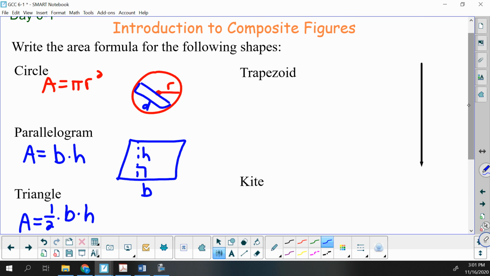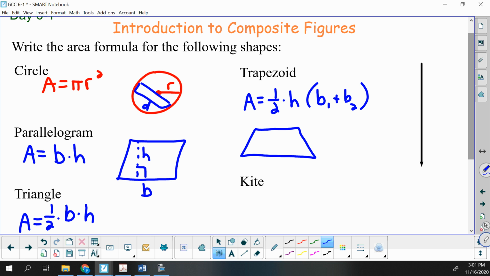And some you might not remember as well. The trapezoid is 1/2 times the height times the sum of base 1 and base 2. So maybe this is base 1, this is base 2. Your height has to be the straight up and down height, just like everything else.